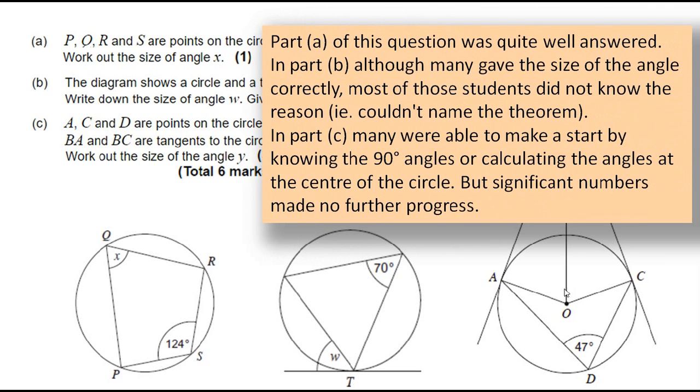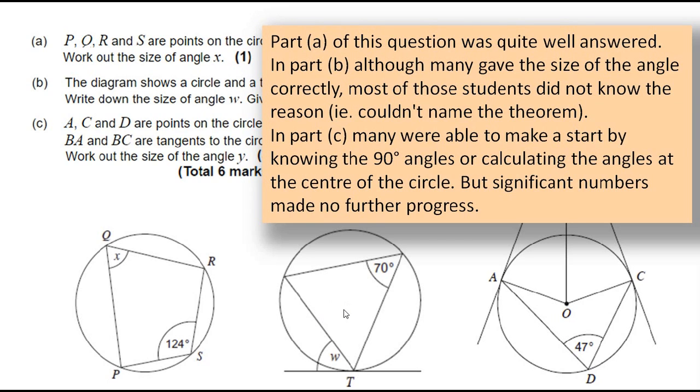Okay, well, let's have a look at the examiner's remarks. They say that part A of this question was quite well answered, so this one here. In part B, though, although many gave the size of the angle correctly, most of those students didn't know the reason. In other words, they couldn't name the theorem.